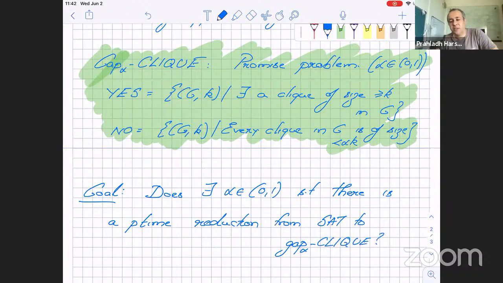Because if there exists such a reduction, then it will say you cannot approximate clique to a factor better than alpha. From what we had done, the same sort of thing should work.